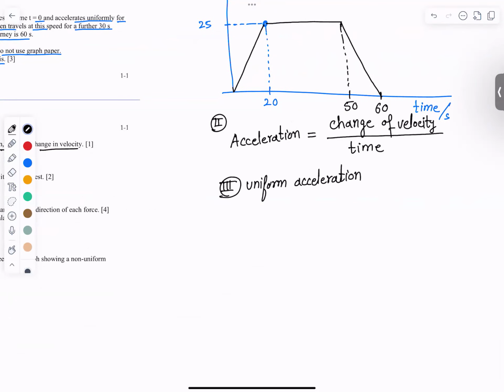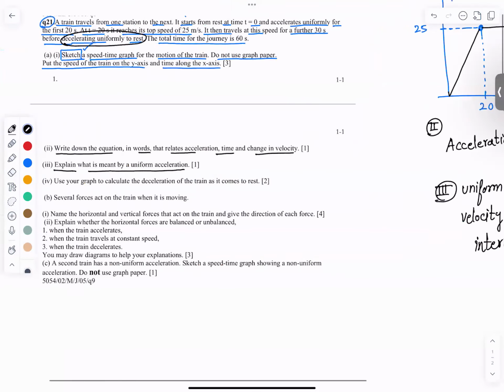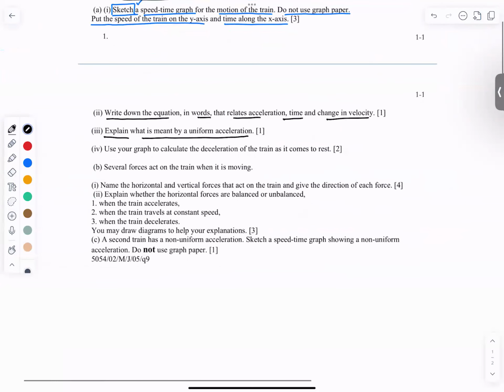Uniform acceleration means that the velocity changes equally in equal intervals of time. So uniform acceleration means a change of velocity that is the same in every interval of time.